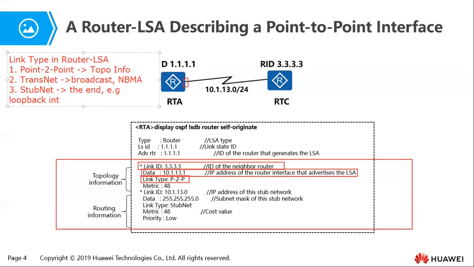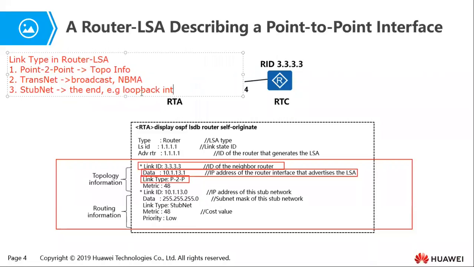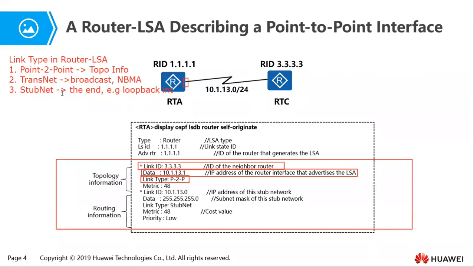When you create a loopback interface, you're not going to connect it to any other network. It's an end. So the link of a loopback interface will always show stubnet under the link type. Those are the 3 link types supported in Router-LSAs.